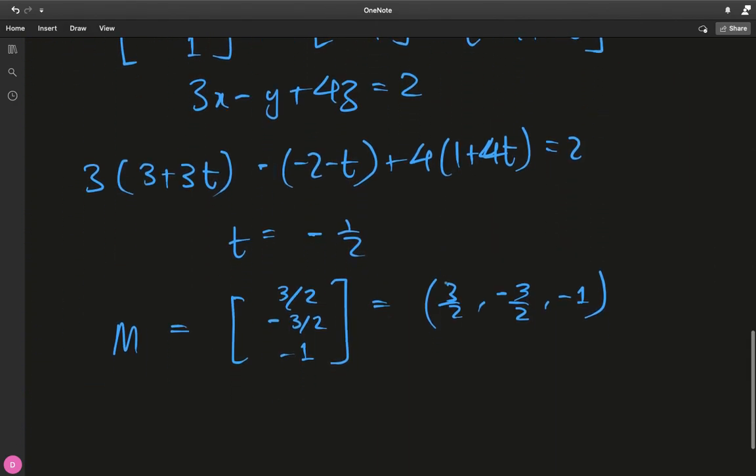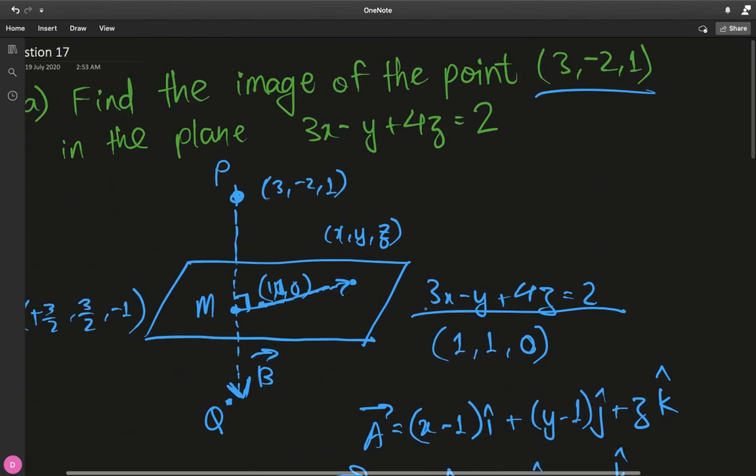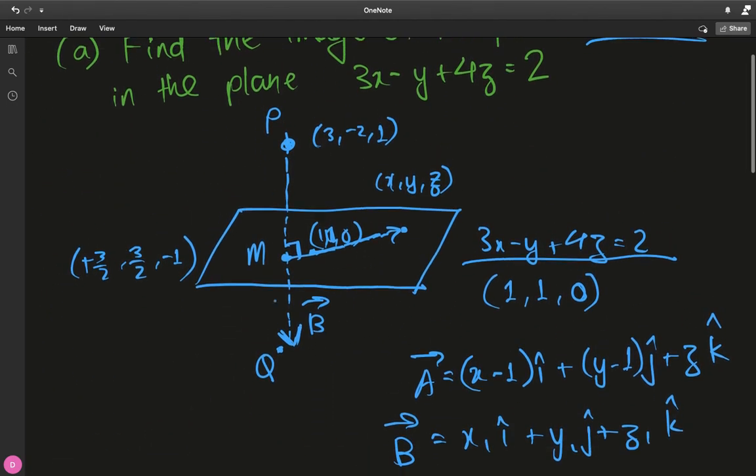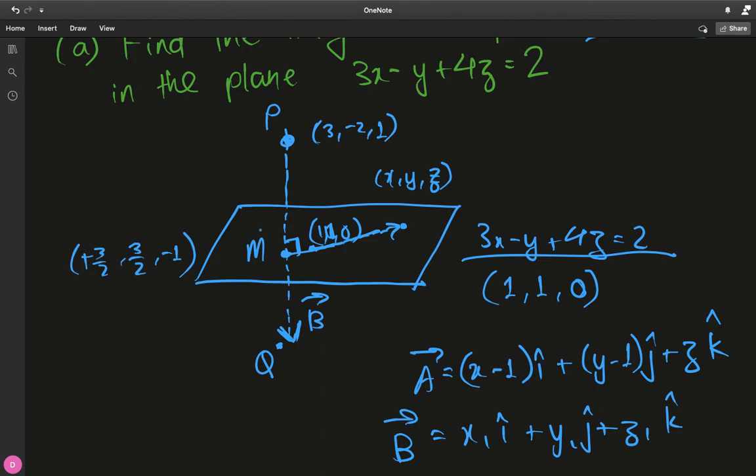Now, we know one thing: since this plane acts like a mirror, M will be at the midpoint of P and Q, right? Because P will be a certain distance, say d, from M. Q will be the same distance d away from M because it's a reflection, right?